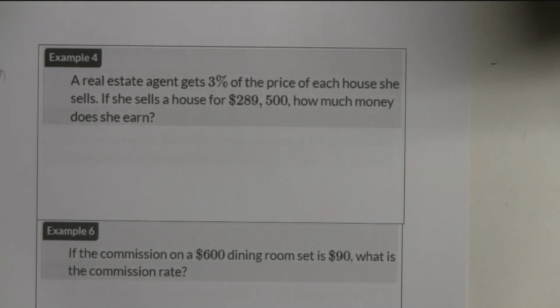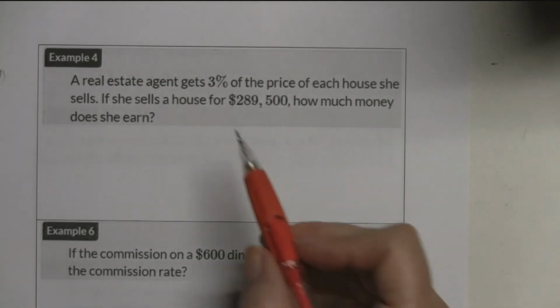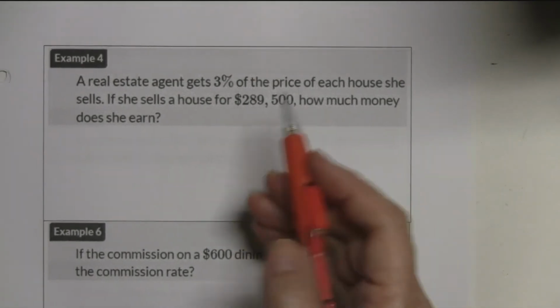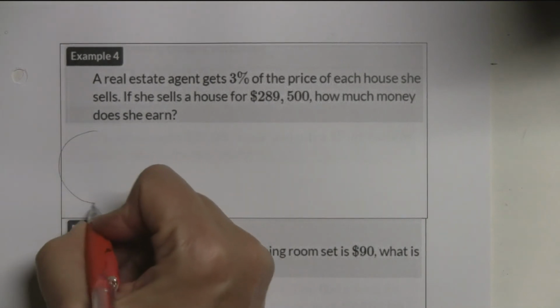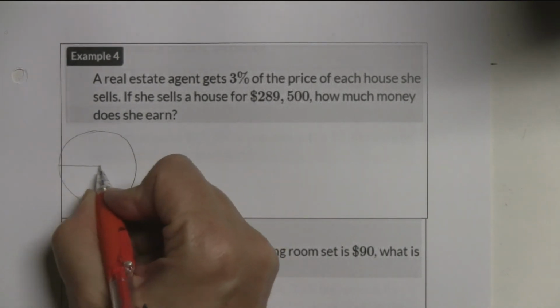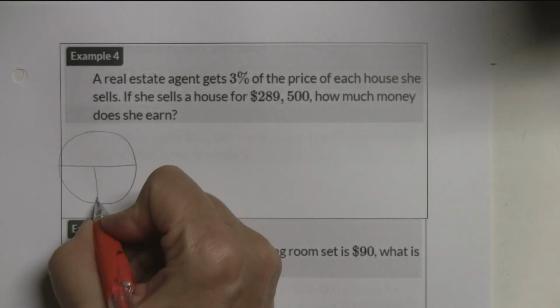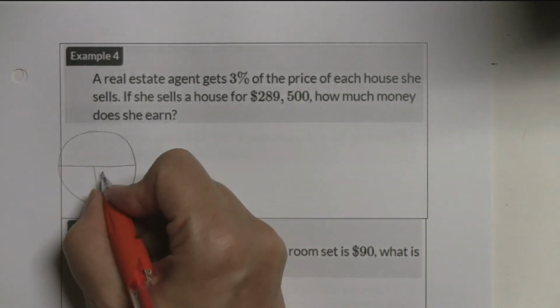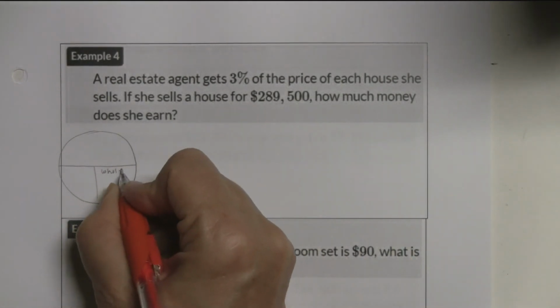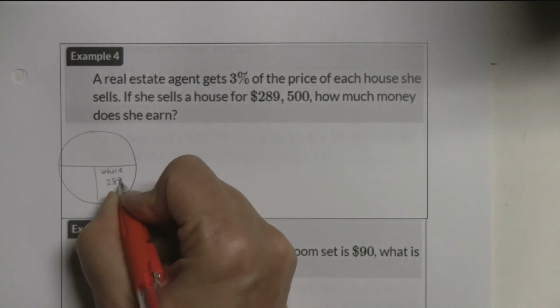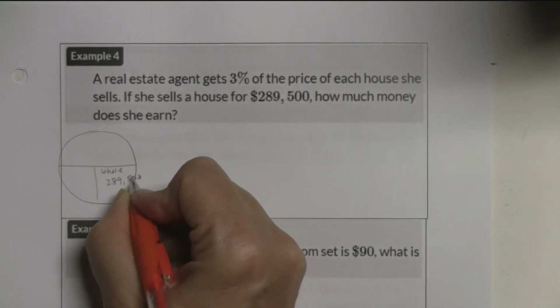And so she is going to get, the part of the money that she's going to get is 3% of this amount. Do you guys agree? So you could do the circle-y thingy if that's what you liked, the general percent problem. And this is our whole, right? And our whole goes in here, the $289,500.